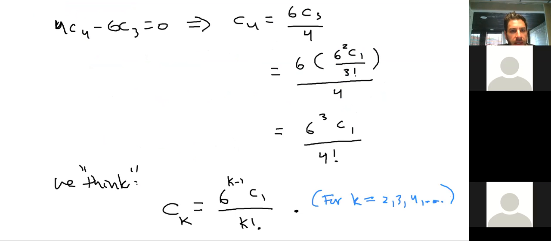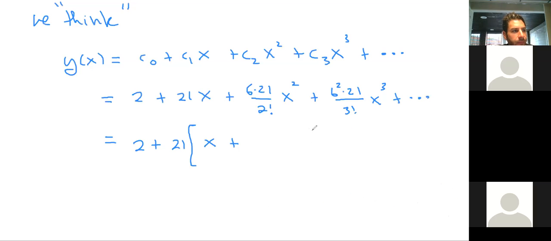So the c sub k, the kth coefficient, is given by that pattern. And so if I factor 21 out of everything, what I'm left with is this.